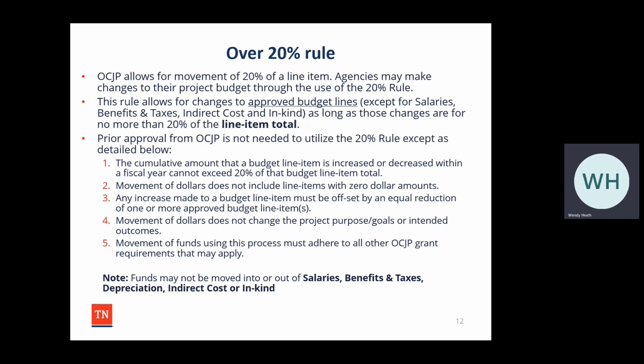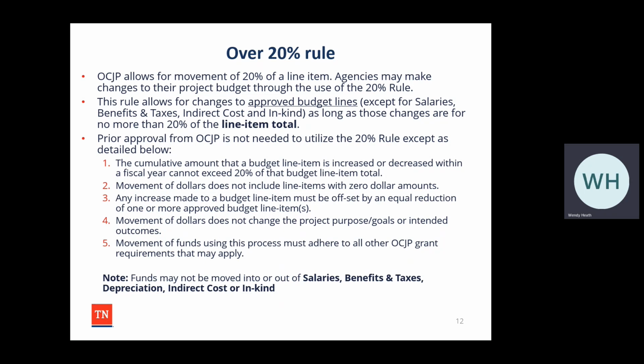So a good rule of thumb, you're going to take the lowest of the two and take that 20%. Let's say one line item is $400 and the other one is $1,000, you're only going to be able to take 20% of the $400 line. So remember that it's always the lowest of the two.